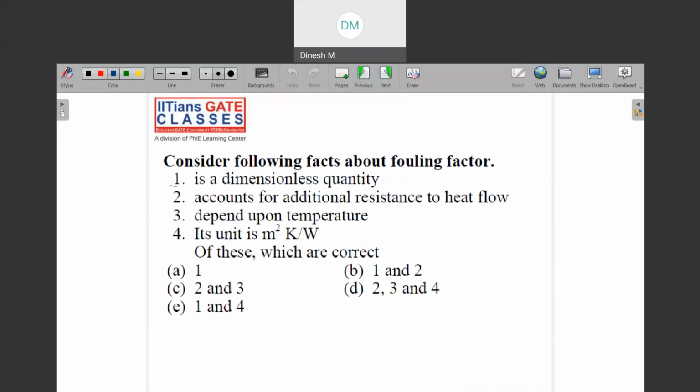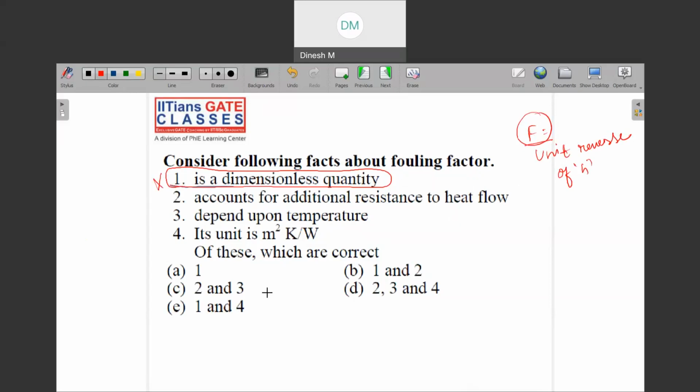No. We learned, can you recall, that the unit of the fouling factor was the reverse of h, right? In that manner, I can say that F is not a dimensionless quantity. So statement one is wrong.